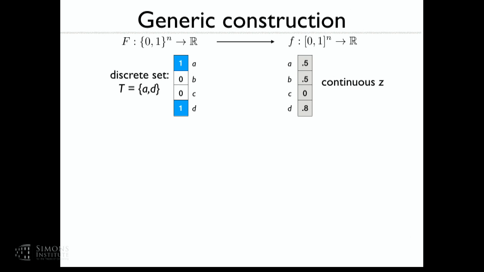One way to do it, and this is actually an old trick, is to view these fractional entries as probabilities. So this vector z means that I choose A with probability 0.5, I choose B with probability 0.5, and D with probability 0.8. And then this gives me a probability distribution, and I'll take expectation under this distribution. That gives me a continuous function.